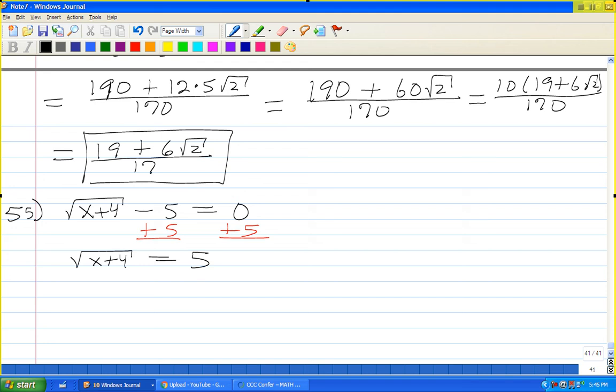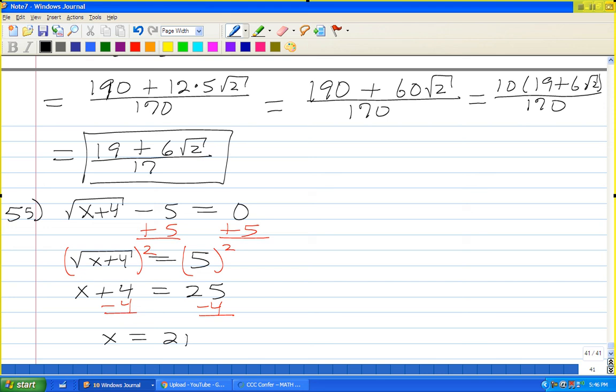Isolating my radical on one side of my equation. So now I can square both sides of my equation to get rid of the radical. And so the square gets rid of the square root. 5 squared is 25. Subtract 4. So x is equal to 21.